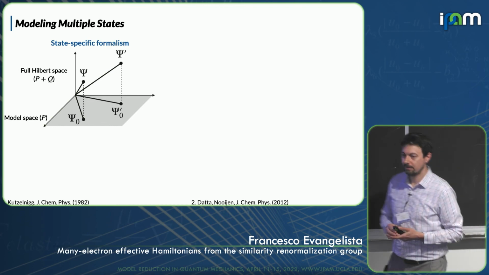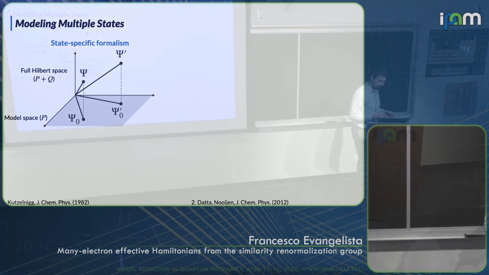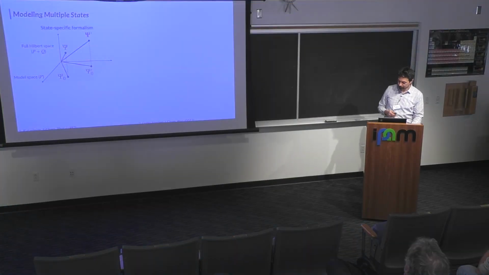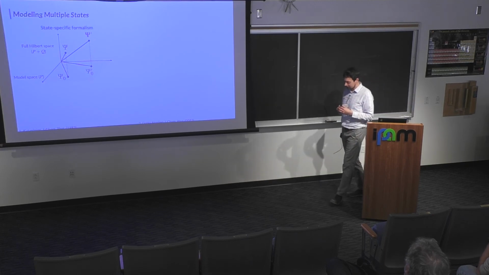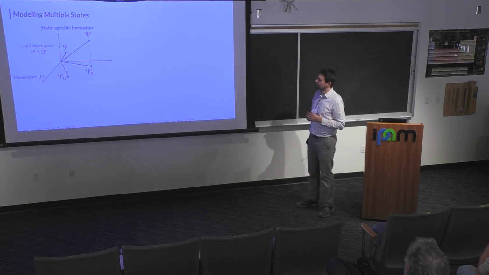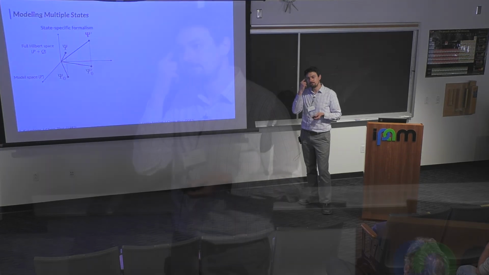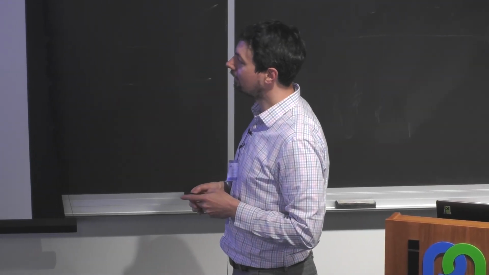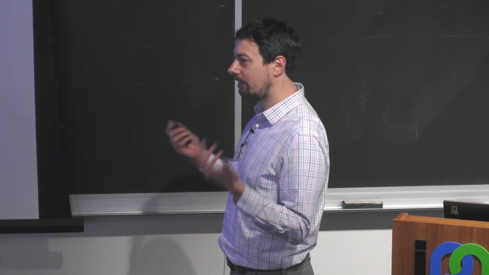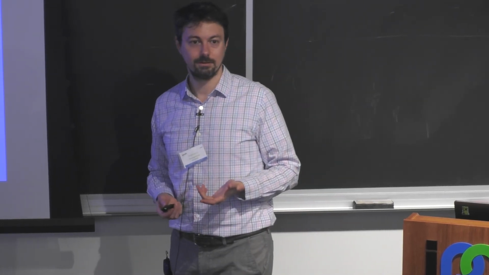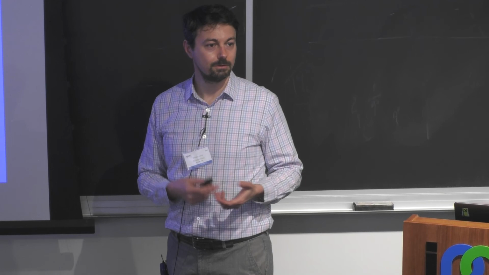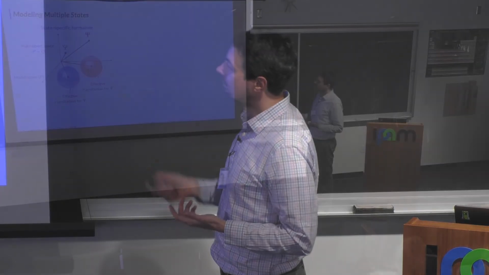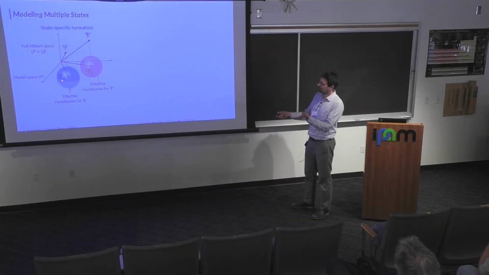I'll just end with a note on what else we can do with this. Another interesting point about building models is that once you embrace the fact that your model needs to have some input, that leads to the problem: what if I want to study two states? What am I going to do? I'm going to create two different models because I have some idea for a ground state and another starting point for an excited state.